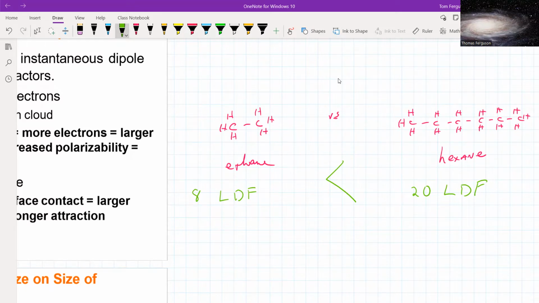So here we have 6 carbons, 14 hydrogens. And LDFs vary depending on how many electrons are there, how they're shielding one another. There's a whole bunch of variables, but basically an LDF, London dispersion force.